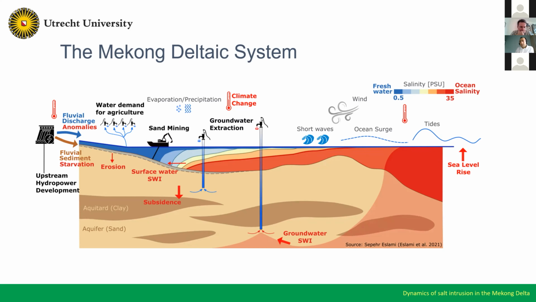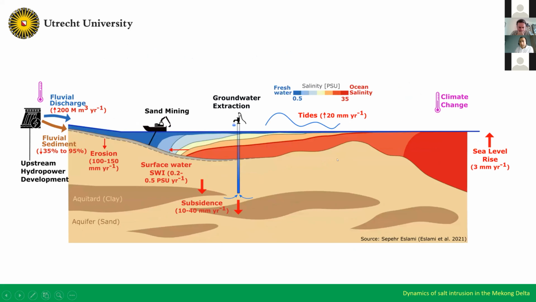But yeah, so we look at this integrated image of the delta regarding how salt intrusion takes place. What we have learned over the last decade about the delta is that there's sea level rise due to climate change, there is rising tide within the delta, there is land subsidence of a few centimeters per year, there is erosion of 10 to 15 centimeters per year within this system.